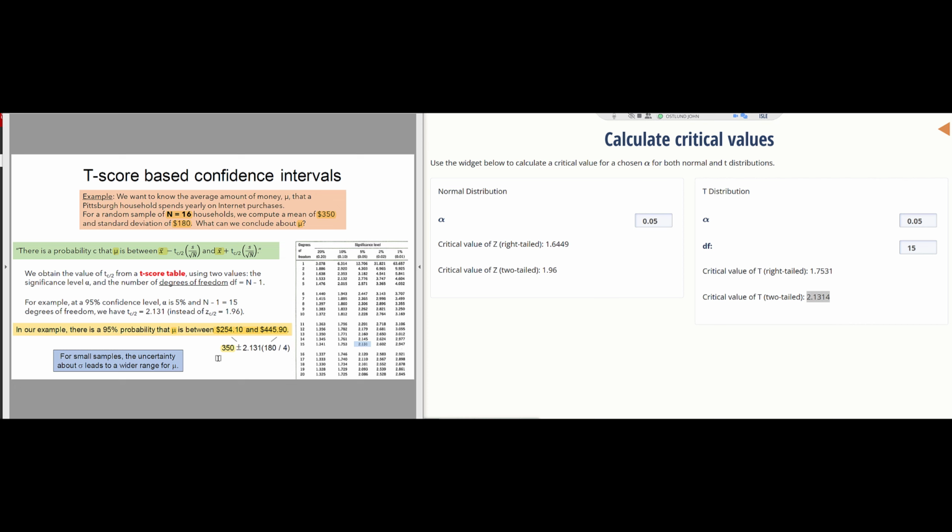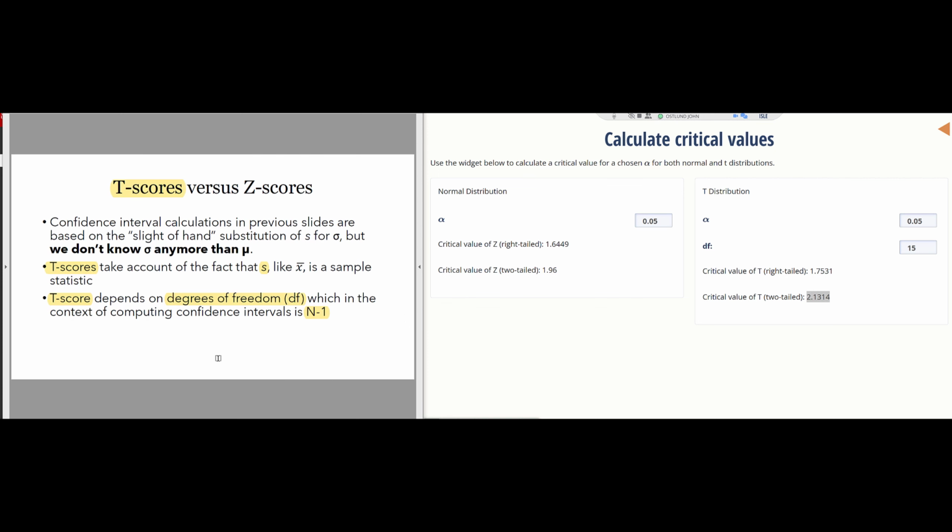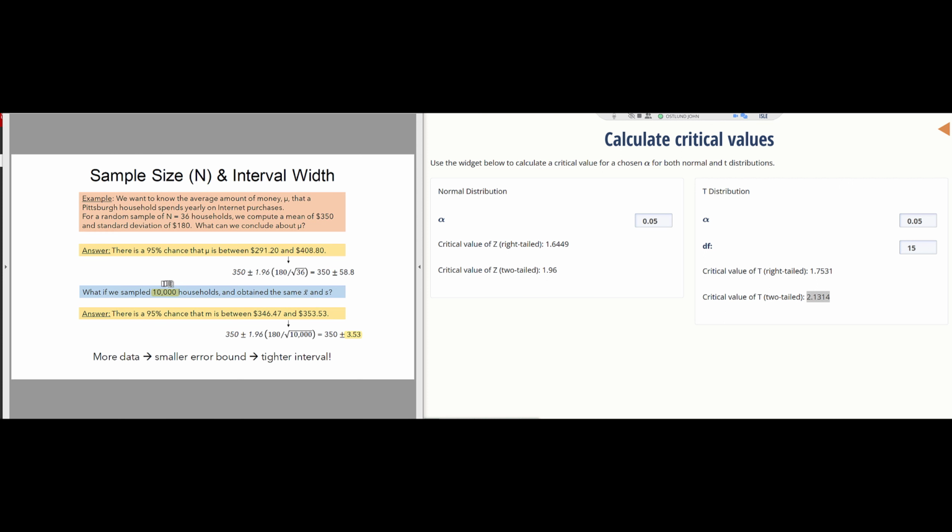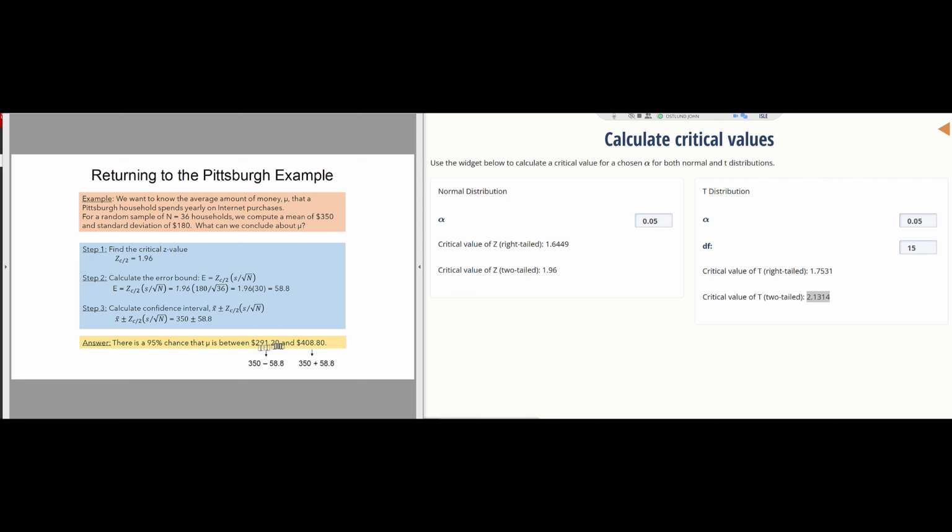Let's compare that. So 254.10 to 445.90, whereas before, where we had a sample size of 36, and we decided inappropriately that the sample standard deviation could be directly used as a substitute for the population standard deviation, based on z-scores our 95% interval was between 291 and 408.